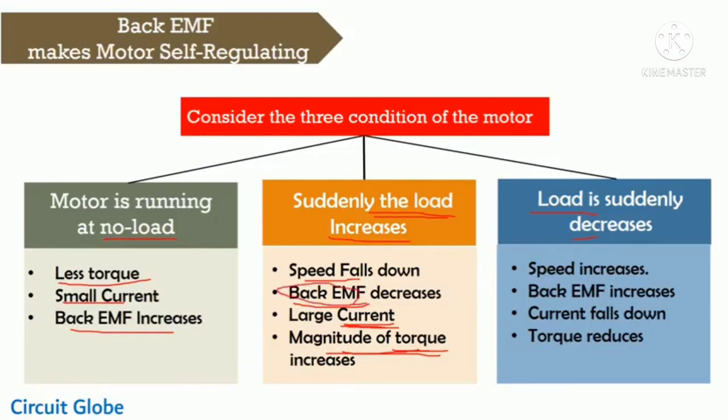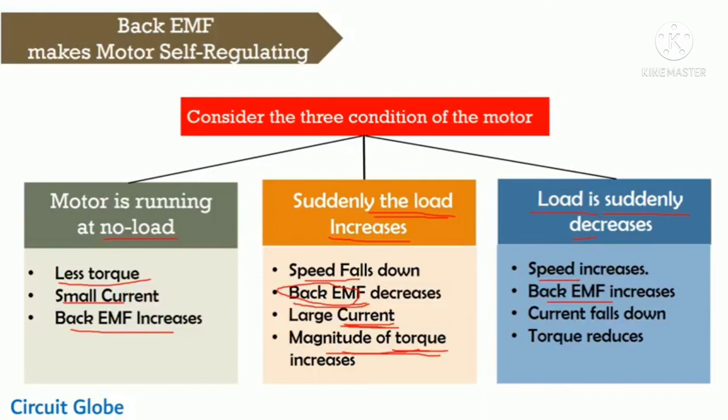Now consider the third condition where we are decreasing the load, meaning the motor is running and suddenly we reduce the load across it. If the load reduces, that means the speed of the motor increases. Speed increases means back EMF also increases. Back EMF is inversely proportional to the armature current.